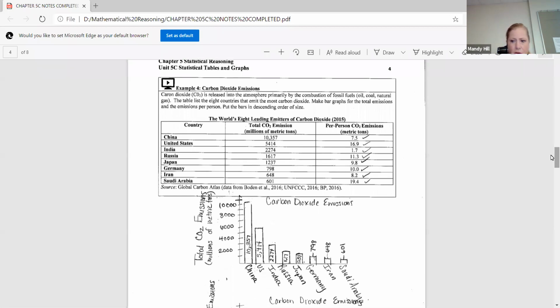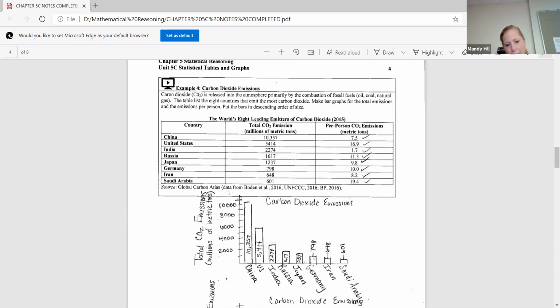The first graph that I have here, and I've already posted these completed notes, the first thing I did was look at the total CO2 emissions in millions of metric tons. That's why the left side of this graph is labeled total CO2 emissions, millions of metric tons.